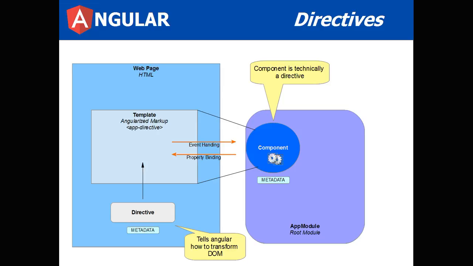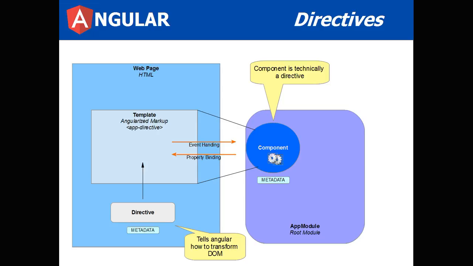Okay, and just a little bit more about the template. The directive in a template tells Angular how to transform the DOM. So if you're looping through data and you're saying, well, if this user attribute has the value true, include the row of the table, else do not.